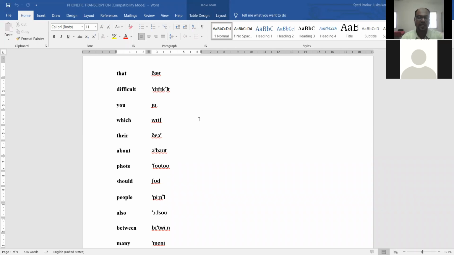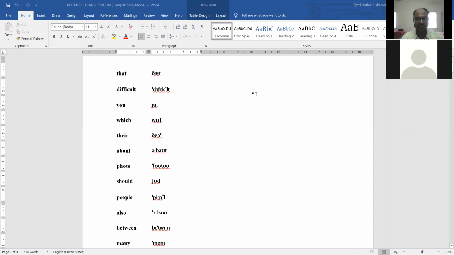You came to know that the 44 sounds are divided into two categories: consonants and vowels. There are 24 consonants and 20 vowels. Out of 20 vowels, there are 8 diphthongs and 12 monophthongs.